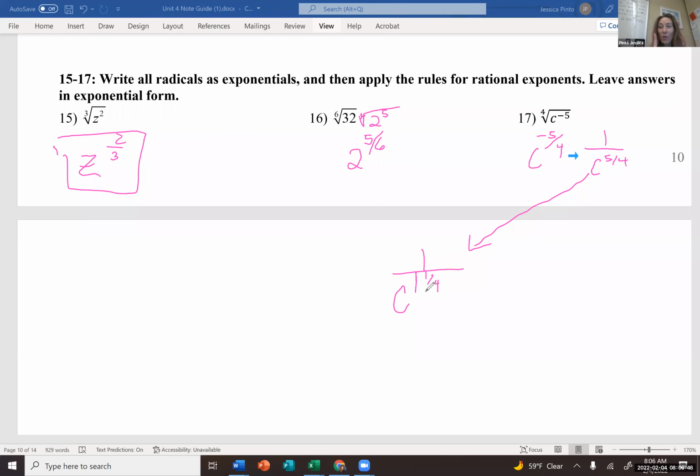So there's one whole and then there's 1/4 left over, which means c to the first power times c to the 1/4 power. Very clever. So the 1/4 power, that's going to go back into radical form. Fourth root, c to the first power.